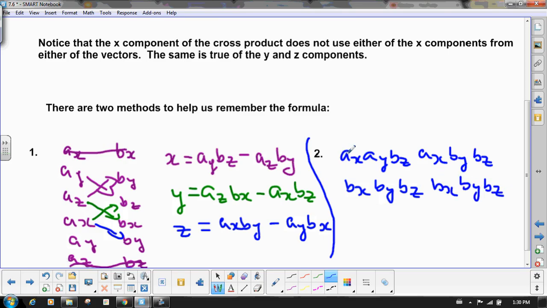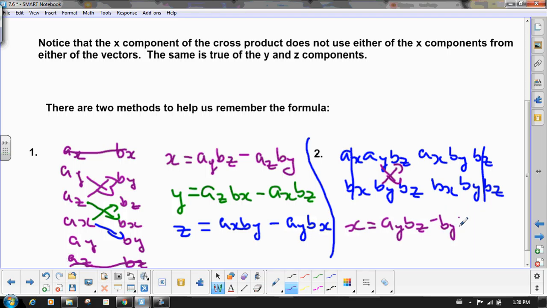So I'm just rewriting it. Again, I'm going to get rid of these two. When I work that out, my x component is going to be the exact same thing I got on the other side. It's just some people like looking at it visually this way.